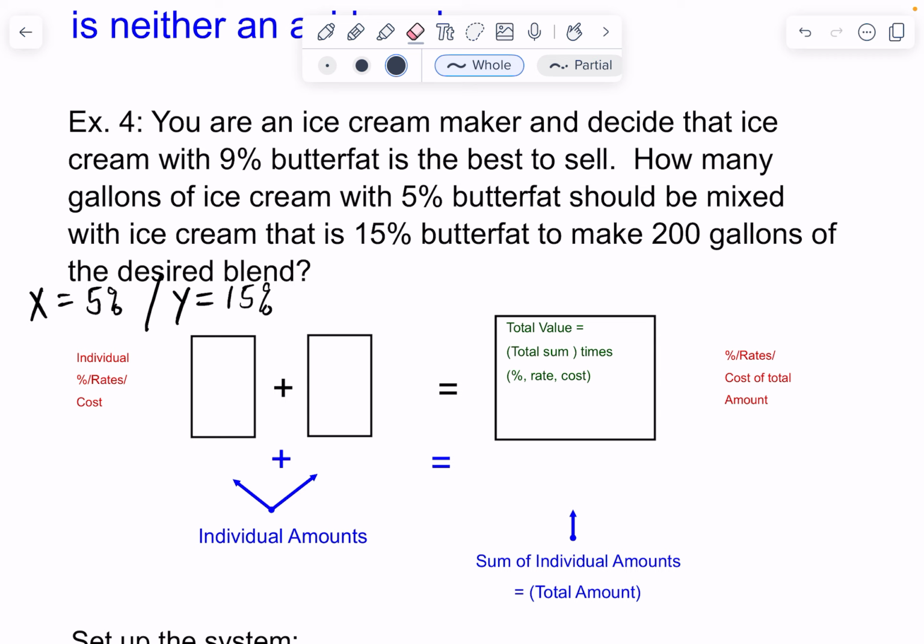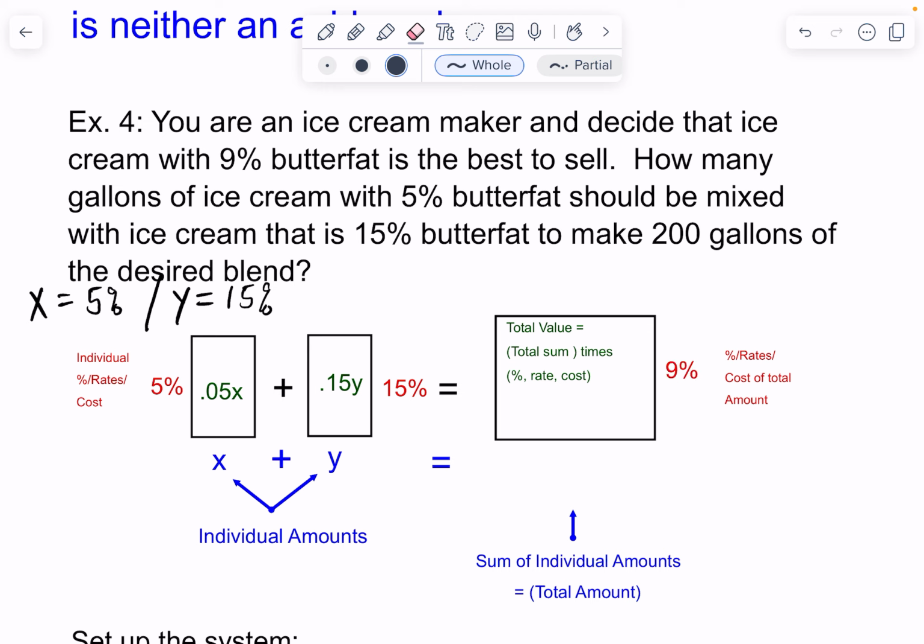So my individual amount of X gallons of 5% butterfat gives me a value of 0.05x. My individual amount of Y gallons of 15% butterfat gives me 0.15y. Now you know that the mixture that is going to sell best is the mixture with 9% butterfat.